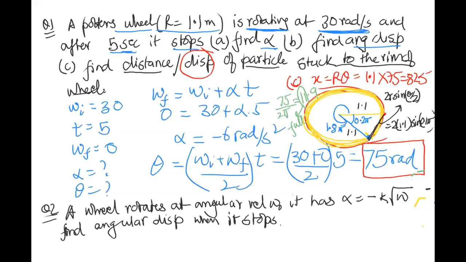You can consider this point to be the origin and draw coordinate axes with i cap, j cap, and tell me what the displacement will be. Or you can consider this other point as the origin, maybe that will be easier.